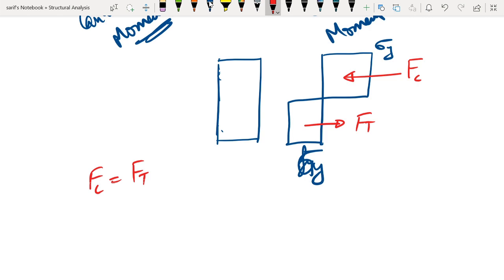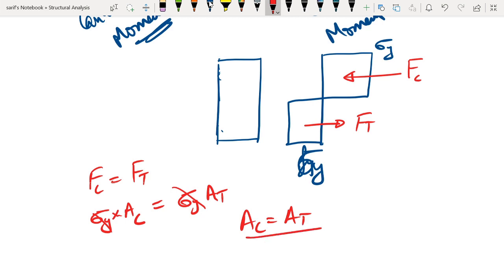If we try to do that, we will see that sigma y into area in compression is equal to sigma y into area in tension. Since sigma y is the same, the area in compression has to be equal to the area in tension. So what that means is, this line is known as the plastic neutral axis.